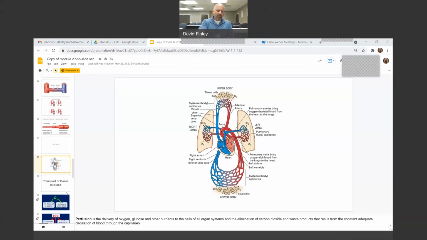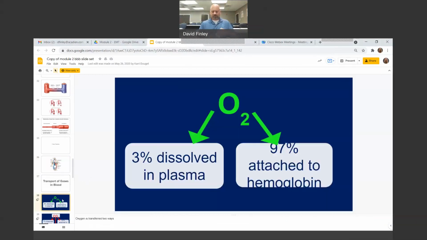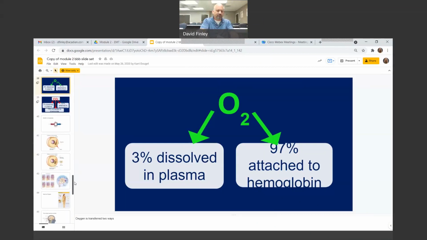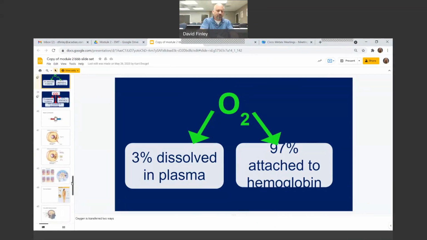All right, now we're gonna kind of get into some chapter 8 stuff. Okay, we touched on some chapter 8 stuff a minute ago. All right. So when we talk about transport of gases, see where we're going.